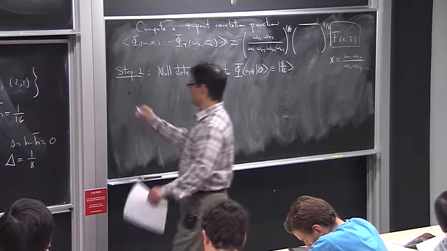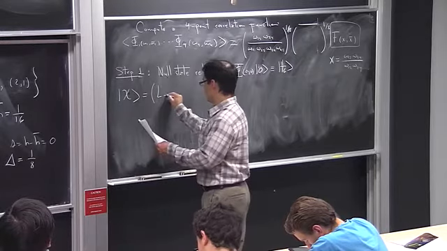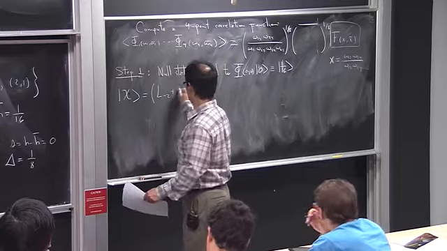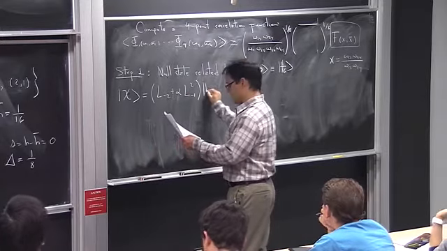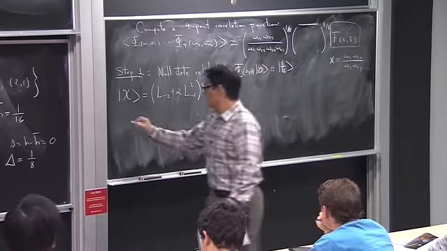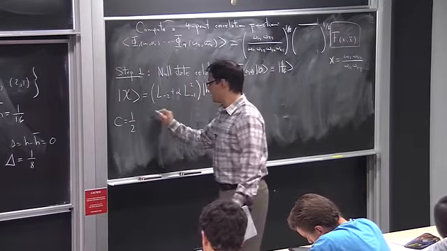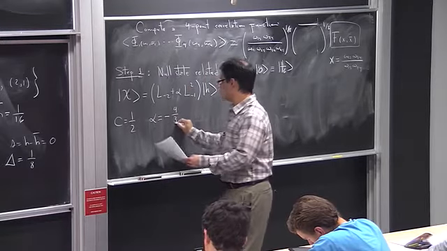So yesterday we found that the null state was a particular combination of these operators acting on h, and for c equals 1/2, we found, or you can find, that alpha is equal to -4/3.